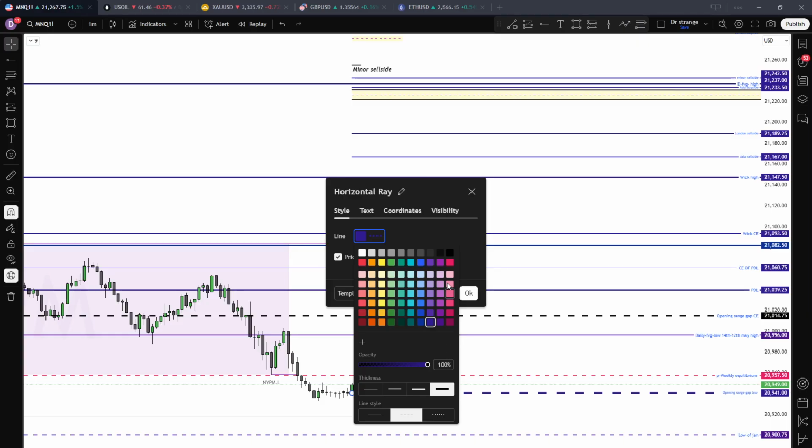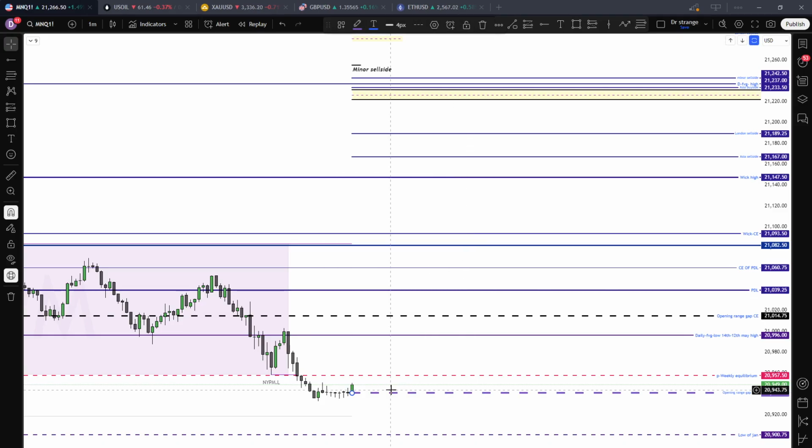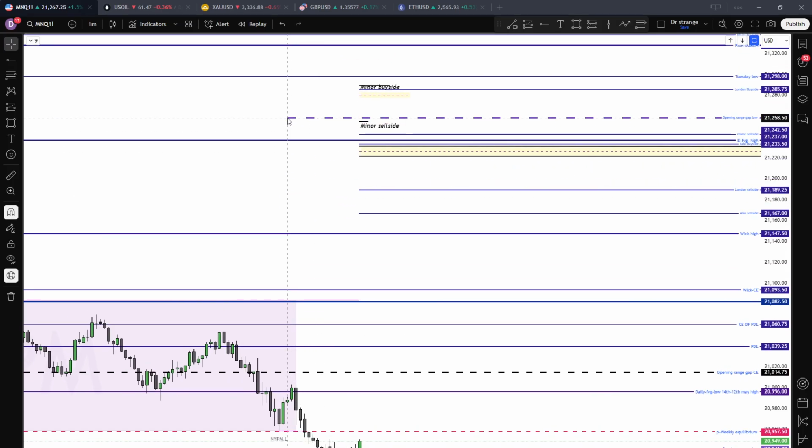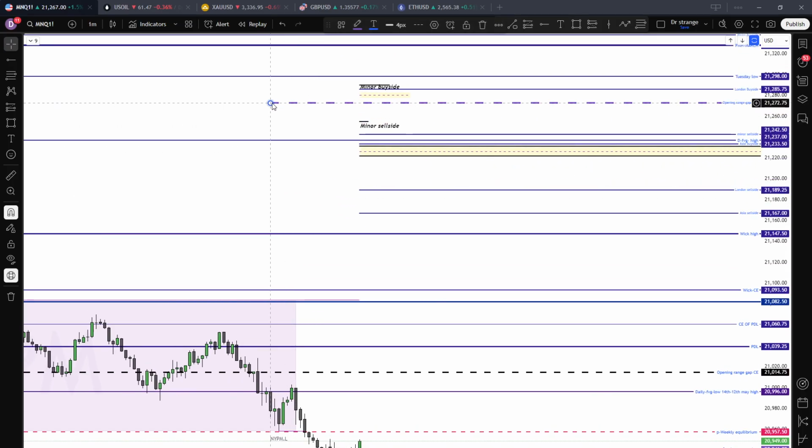This is orange. I think if I take this, we'll take it to where market will open. This will be our opening gap at the 9:30 opening price.